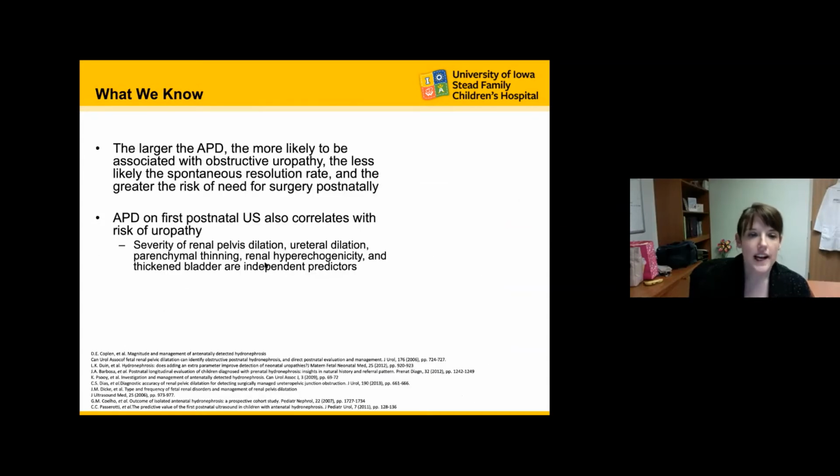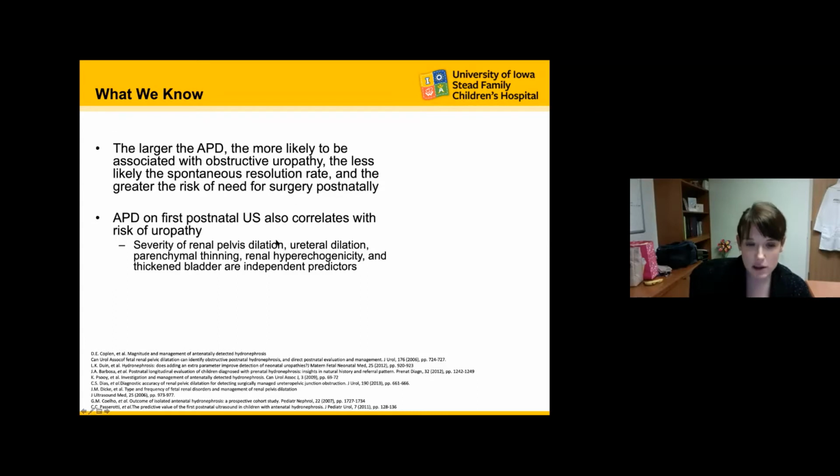Okay. So again, this is just a reiteration of that last slide. Basically, all of our data, though somewhat flawed, has shown that the larger the anterior posterior renal pelvis diameter prenatally, the more likely there is going to be a diagnosis of obstructive uropathy down the road. There's a decreased rate of spontaneous resolution, and there's a higher risk of surgery postnatally.